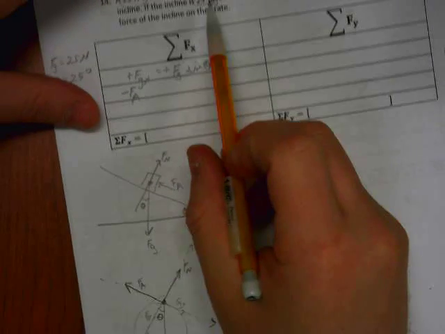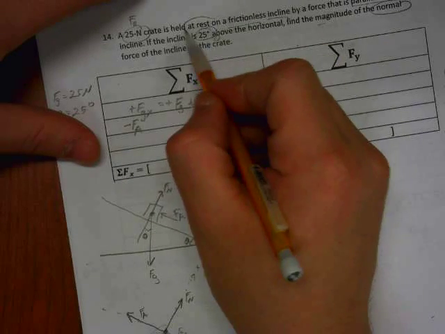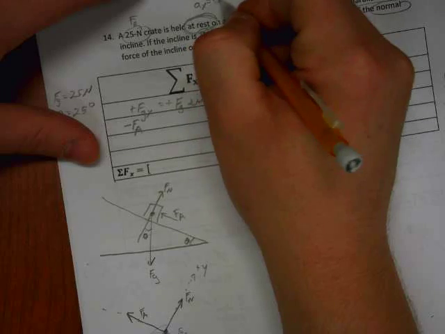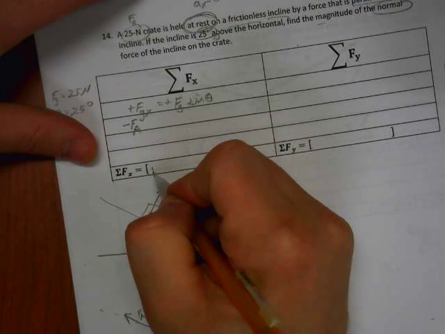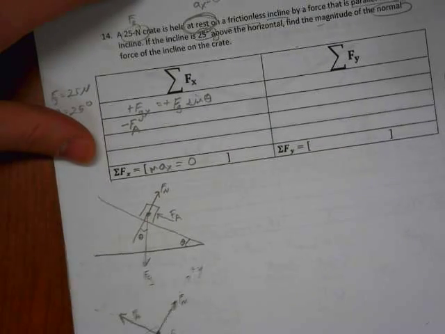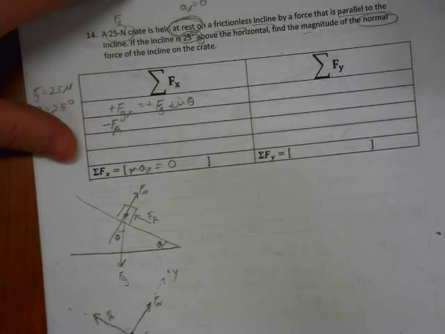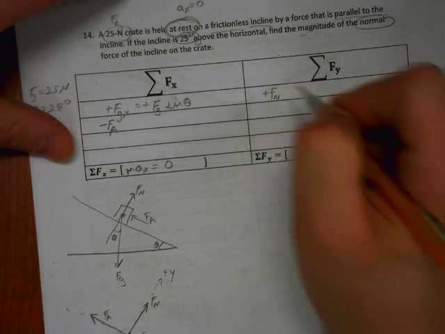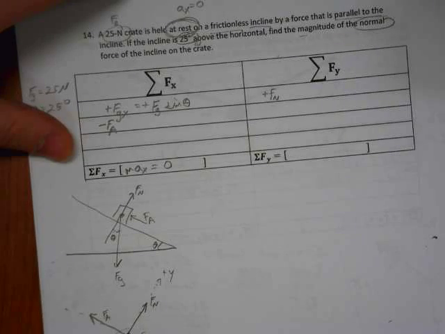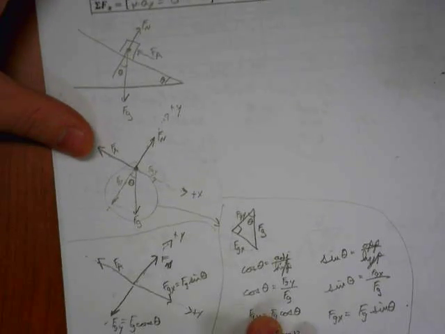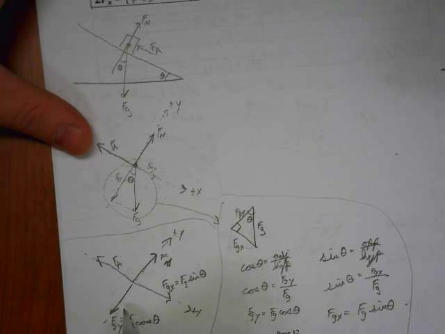And we know that the crate is held at rest, so it's not moving. So AX must equal 0. So when we sum all these forces, they're equal to mass times acceleration in the x direction, as usual, but that's going to equal 0. In the y direction, we have the normal force, which is positive, and we also have this component of the weight, FGY, and that is going to be negative.